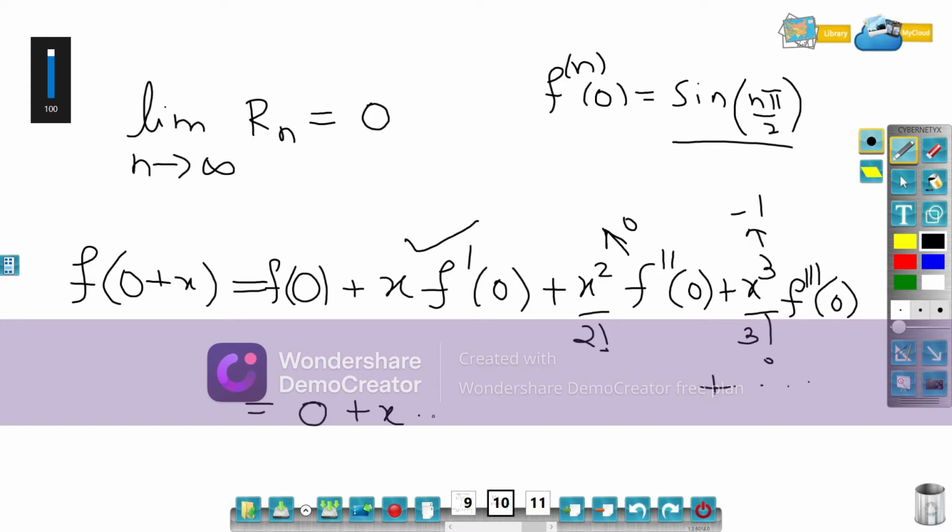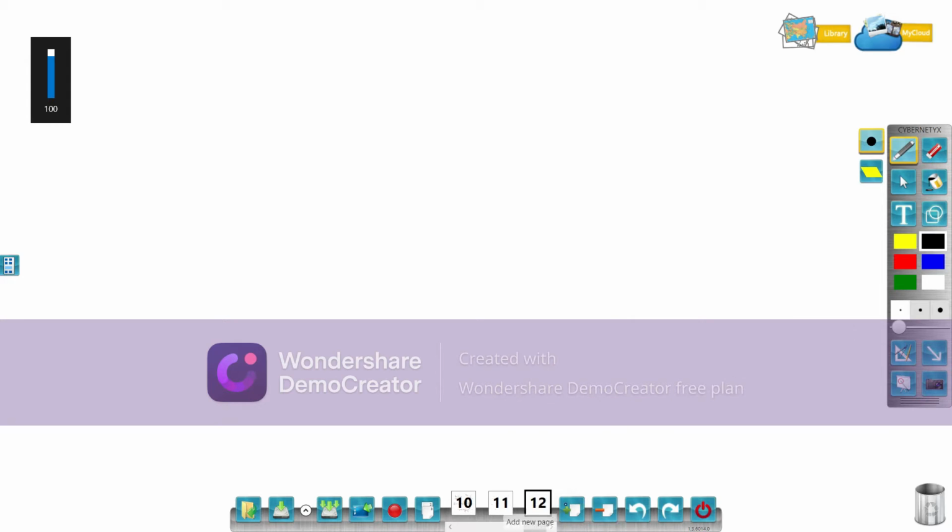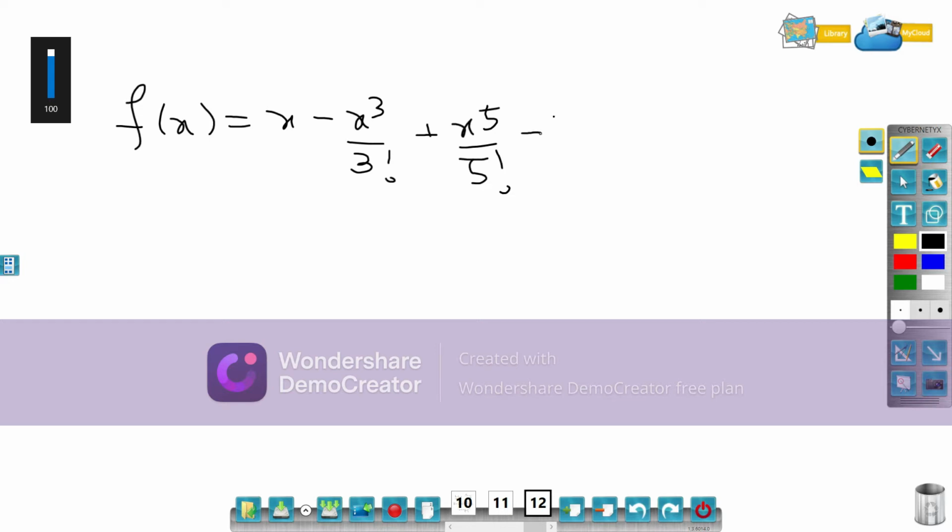So you will have the first term 0, plus x, plus this is again 0. Now this is minus x cube by 3 factorial. Then again 0 plus x raised to 5 upon 5 factorial minus so on and so forth. So ultimately we got f of x as x minus x cubed by 3 factorial plus x raised to 5 upon 5 factorial minus x raised to 7 upon 7 factorial plus so on and so forth.